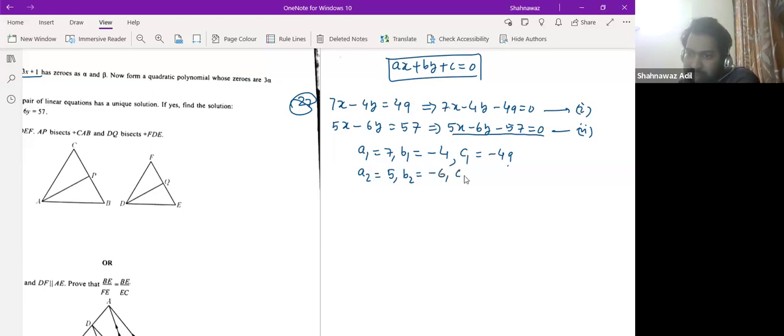And C2? Minus 57. So you have got all those coefficients.